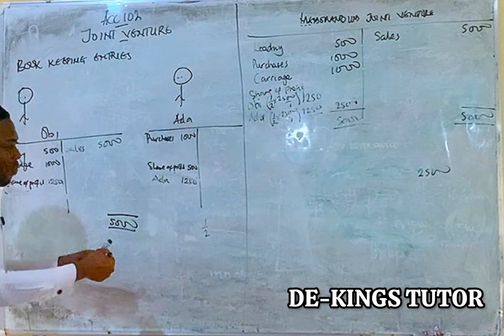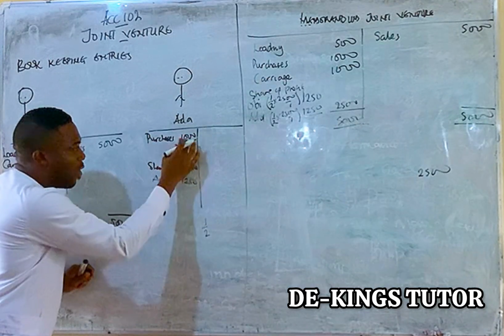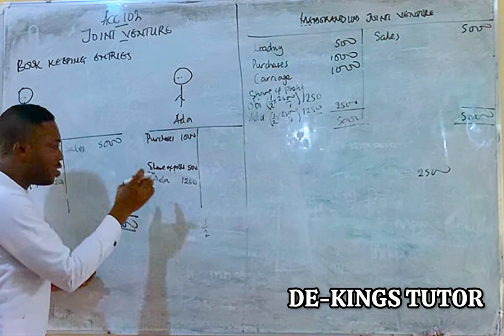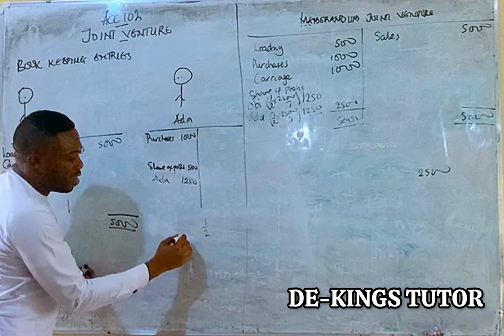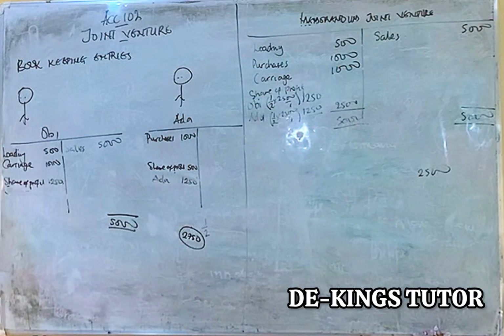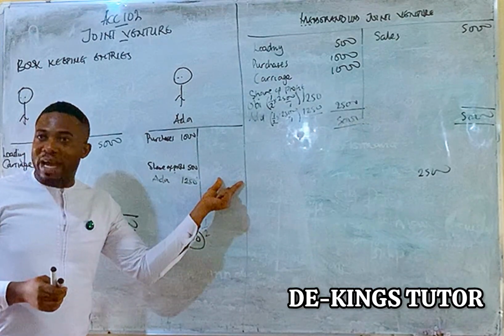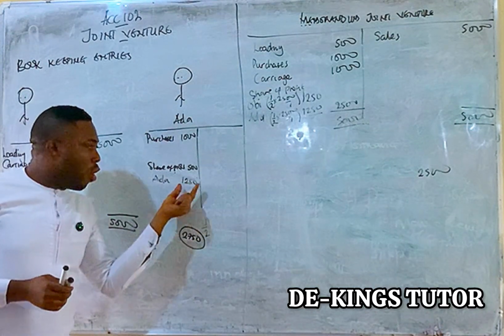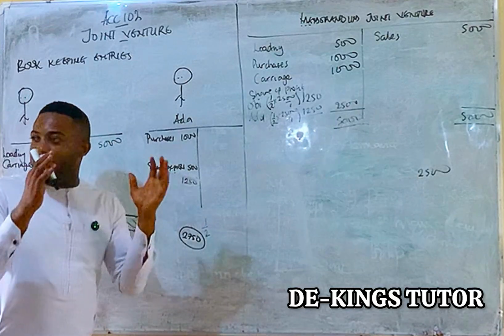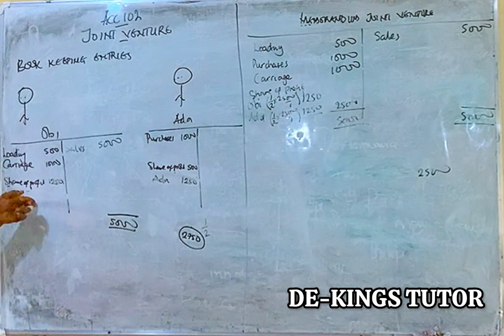Now, the same way, if we check here, there's nothing at the credit side. Ada here has 1,000 plus 1,250, which is 2,250, plus 500 is 2,750, right? So he has a debit balance, because his debit side is greater than the credit side. Meaning he has incurred more than he has received from the business. So he's supposed to receive money from this person.